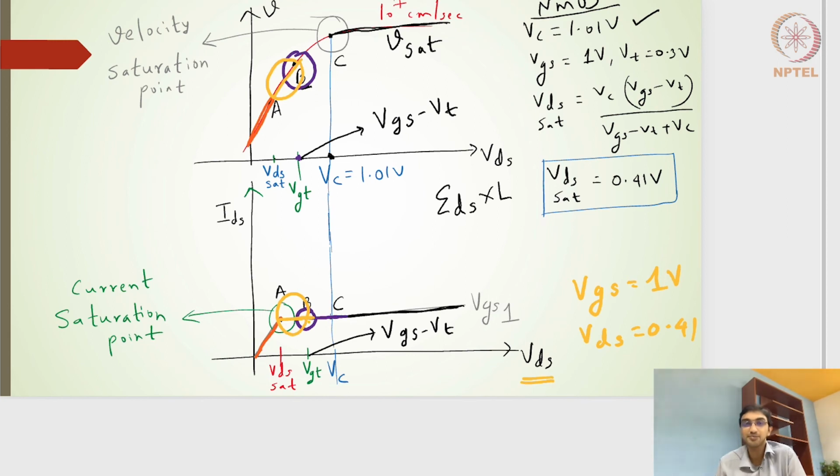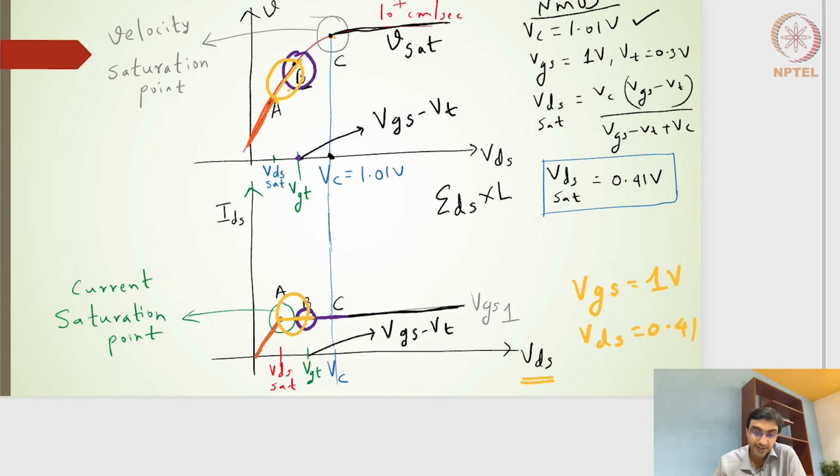Although it has not reached the pinch off region, it is decreasing. The second thing is that it also has an effect of the critical voltage, where the velocity, although point A is away from C, is closer to C in terms of the other points which are below A.